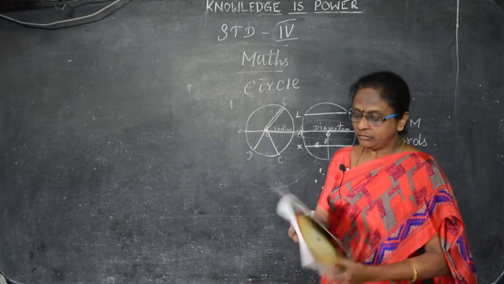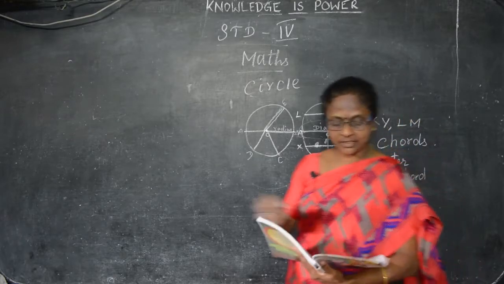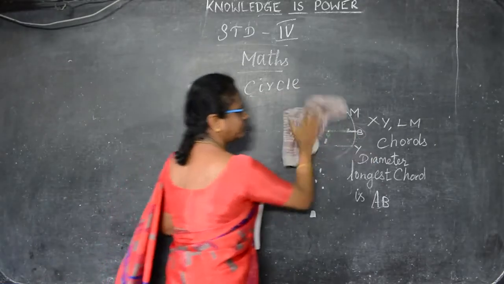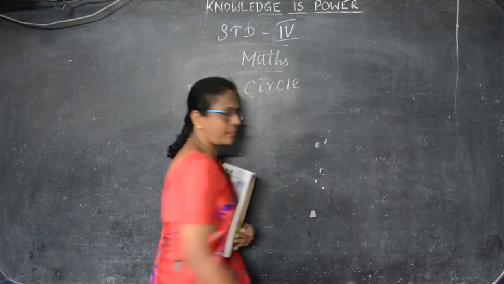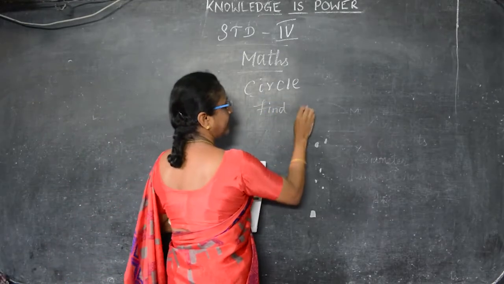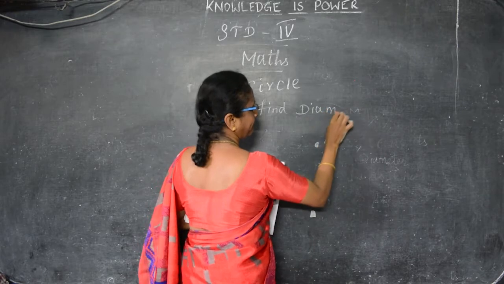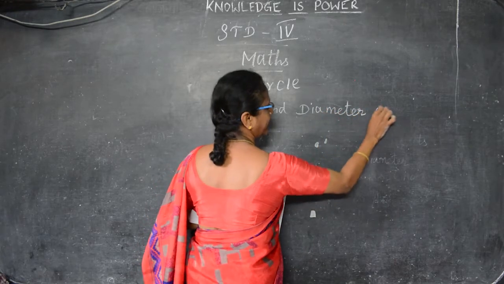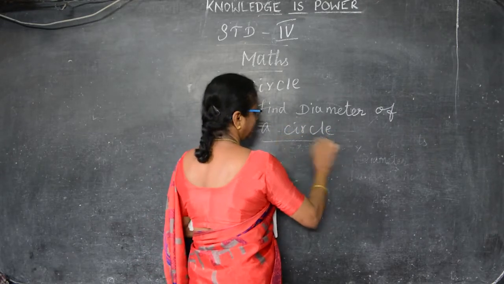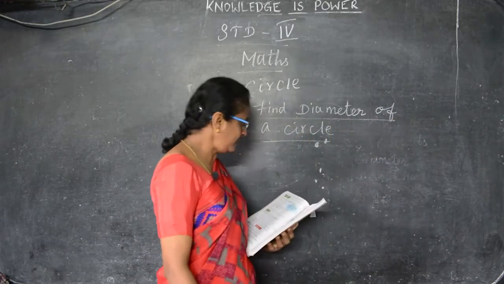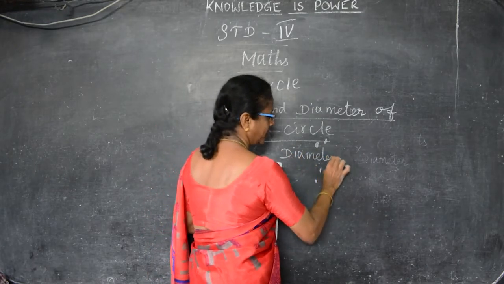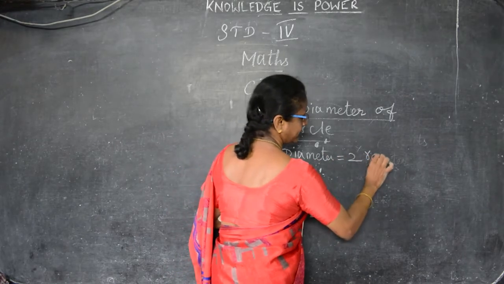Okay. Now one small exercise we have seen: find the diameter of a circle. To find the diameter, diameter is equal to 2 radius.